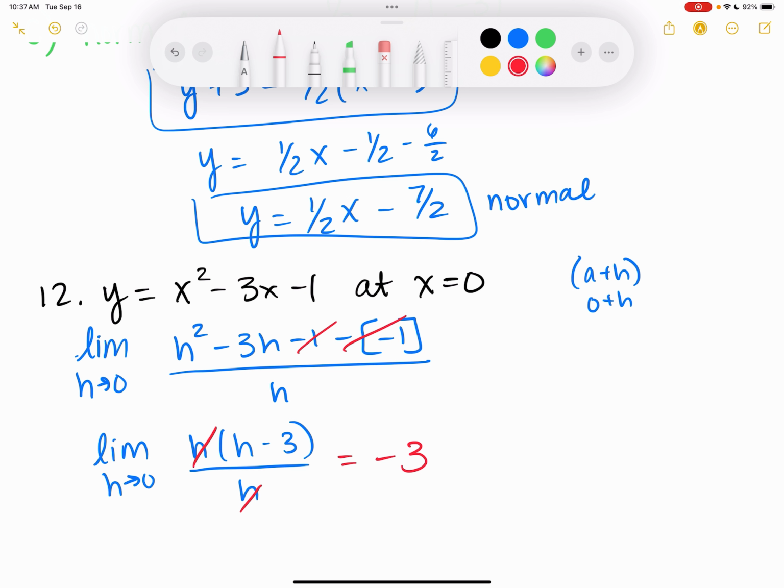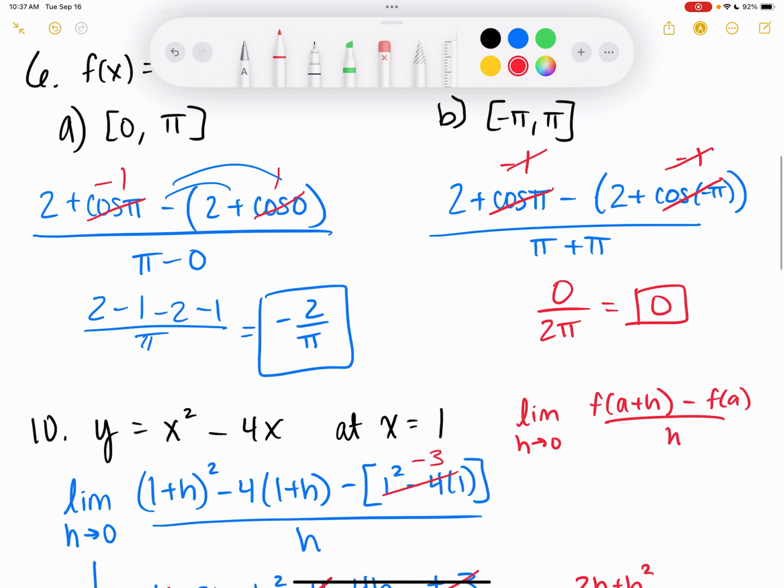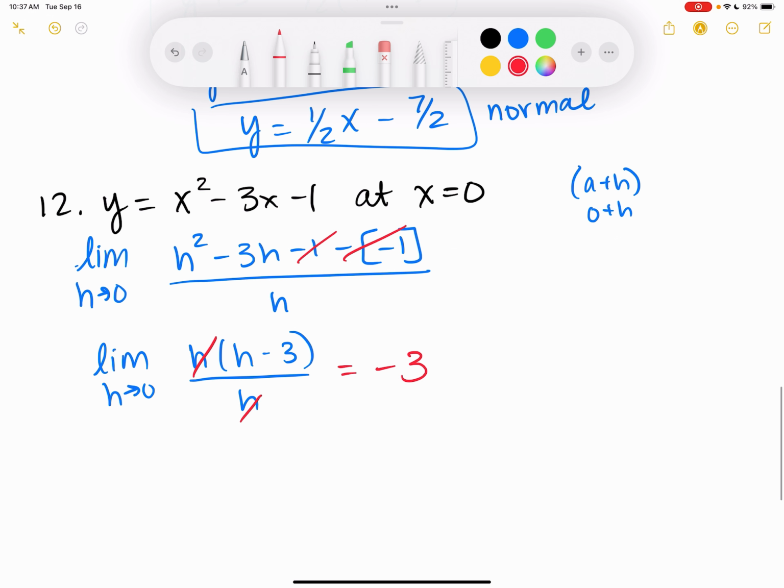Where did the -1 come from in the brackets? Evaluated f of a. Yeah. So the formula is minus f of a. So I did minus, and then I just plugged in 0 for x everywhere. Okay. Yeah. Because this would have been 0 minus 0 minus 1, technically. I just didn't write it all.